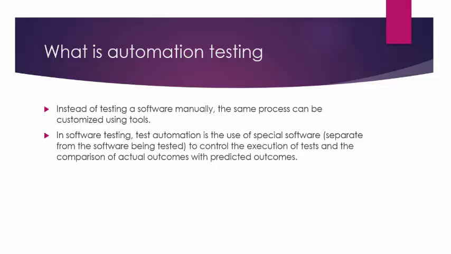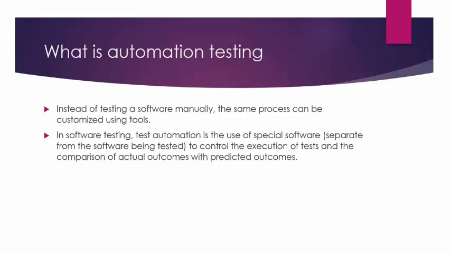If you want to test an application manually, sometimes you may have to test over and over again. So the same process can be automated. In software testing, test automation is the use of special software, which we can call testing tools, to control the execution of tests and the comparison of actual outcomes with the predicted outcomes.